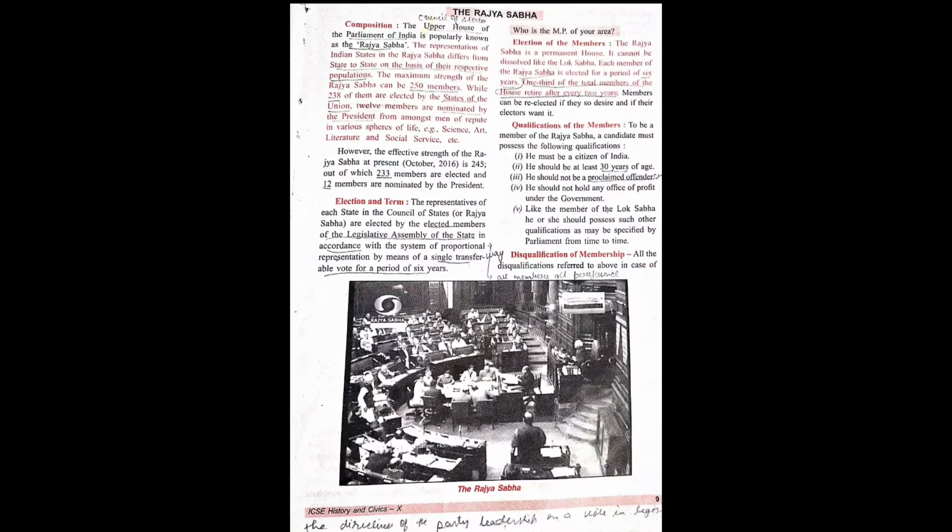Election and terms. The representatives of each state in the Council of State or Rajya Sabha are elected by the elected members of the Legislative Assembly of the state in accordance with the system of proportional representation by means of a single transferable vote for a period of 6 years. So, how is a Rajya Sabha member elected?